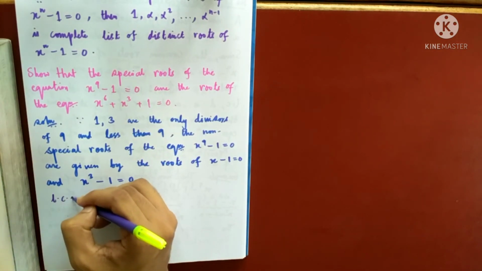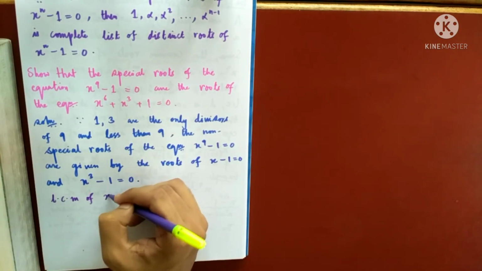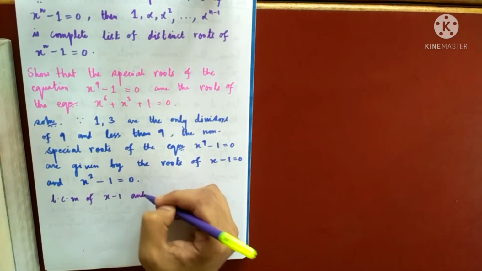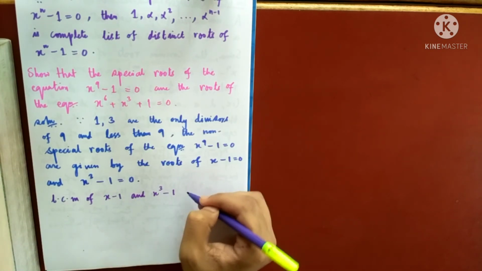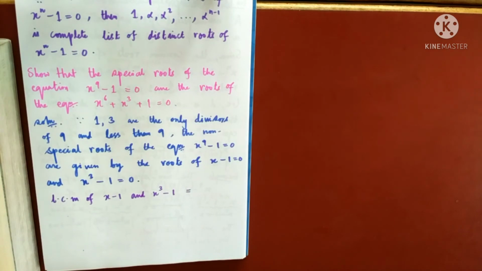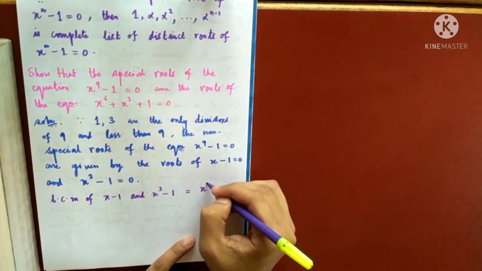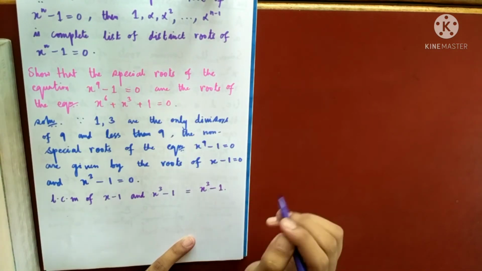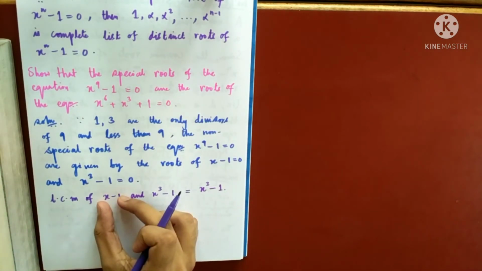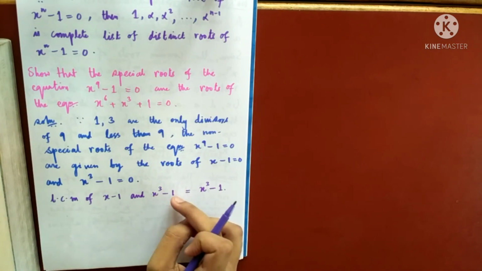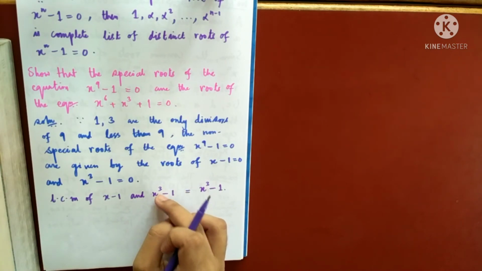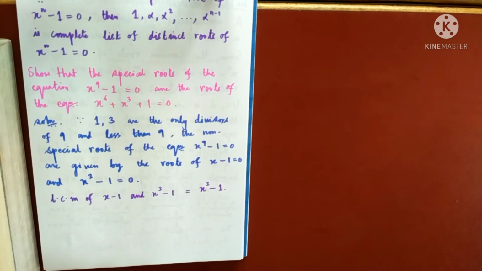So the LCM of x minus 1 and x cube minus 1. What is the least common multiple of this and this? The least common multiple is x to the power 3 minus 1 itself, right? This is very obvious because if you use the formula of a cube minus b cube, x minus 1 is already present there.